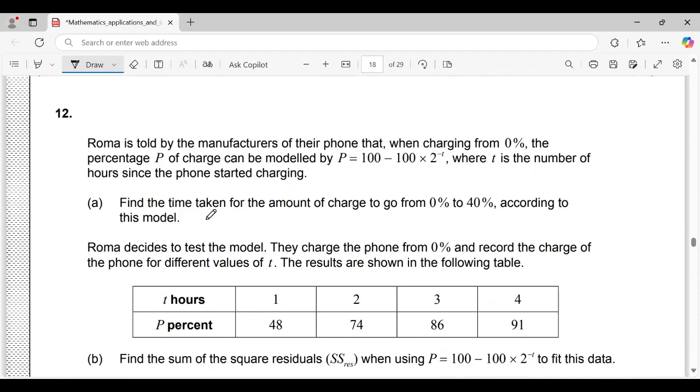Find the time taken for the amount of charge to go from 0% to 40% according to this model. 40% means P equals 40, because P is a percentage.